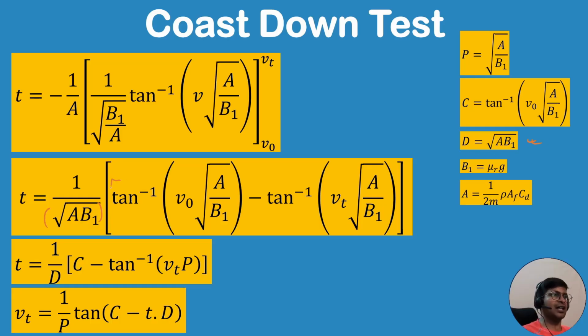Then this entire term, tan inverse of v naught into root over a by b1, I took as another constant which I defined as c, and then root over a by b1, I took as another constant and defined as p here. So in the next step, t is just equal to 1 by d into c minus tan inverse of vt into p, and the respective constants we can take from this formula.